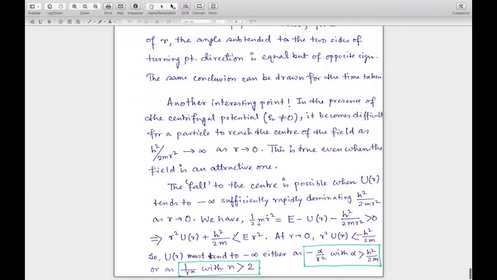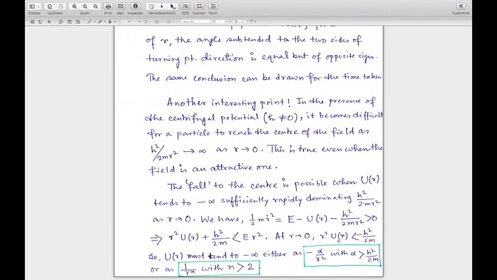So U(r) must tend to minus infinity either as minus alpha by r square. If U(r) is just minus alpha by r square, with alpha a positive quantity, then what happens? Basically r square cancels out, and your minus alpha will then be less than minus H square by 2m, with alpha greater than H square by 2m. That is exactly the same thing, whether we write minus alpha less than minus H square by 2m or alpha greater than H square by 2m. That is correct. That is one possibility.